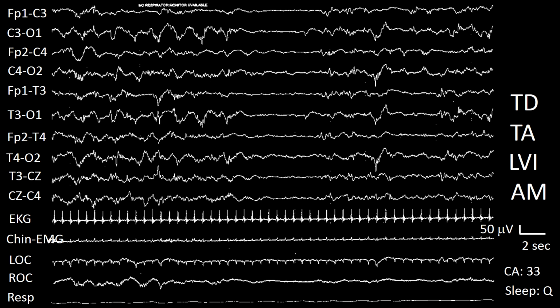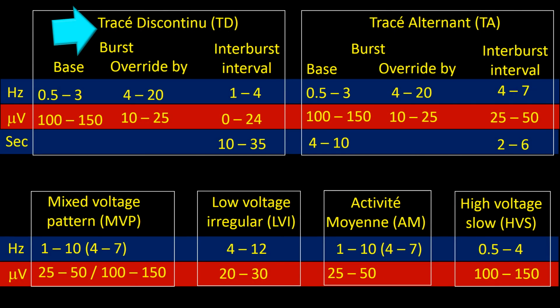Since an abnormal discontinuous pattern and burst suppression are not among the choices we were given, and low voltage irregular and activité majeure are continuous patterns, there are only two possible choices: tracé discontinu and tracé alternant.